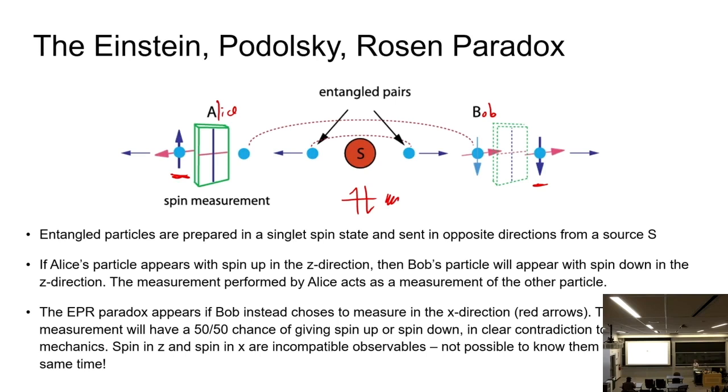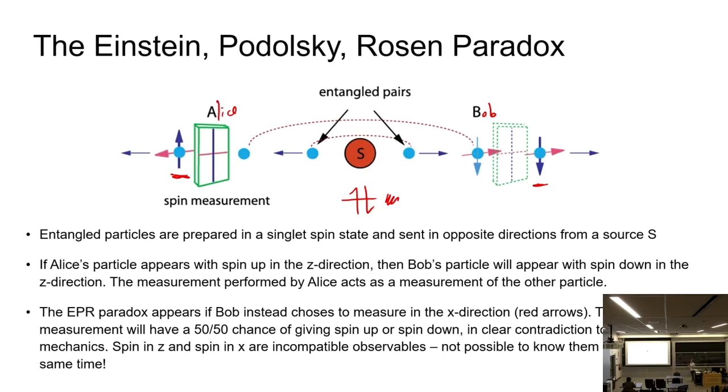So instead of measuring it in z, he measures it in x, but Alice measured hers in z. So when that happens, Bob's measurement has a 50-50 chance of giving spin up or spin down. And that's a contradiction, right? Because these spins are started off as a singlet and they have to be strictly anti-correlated.